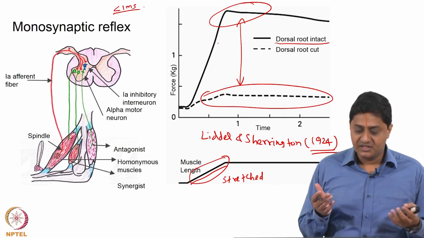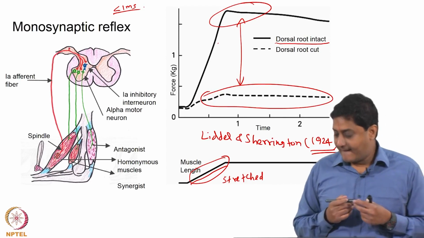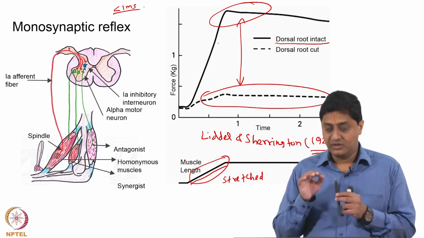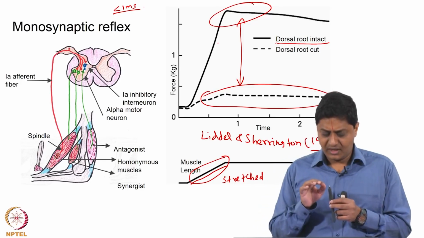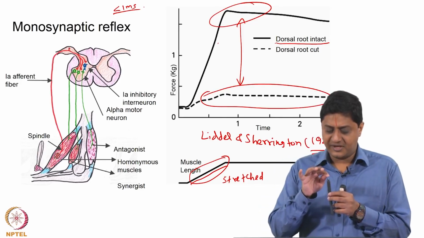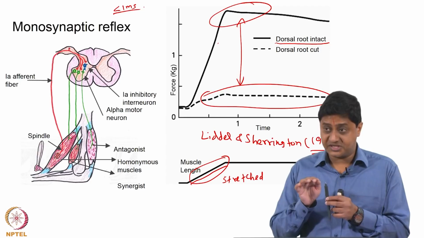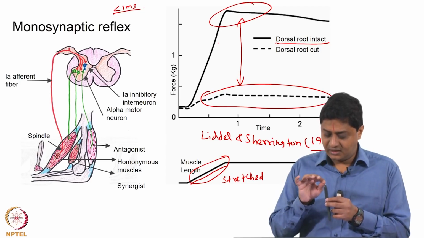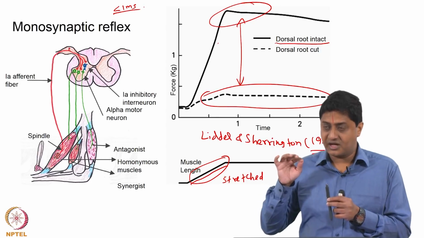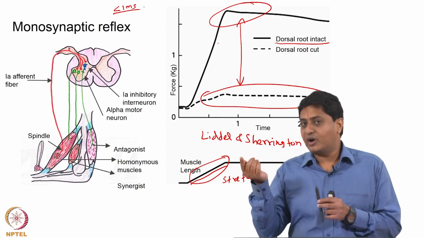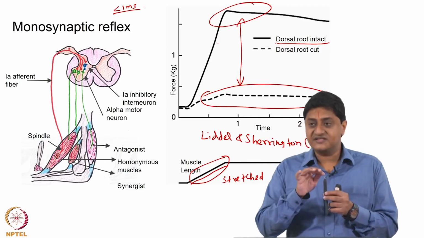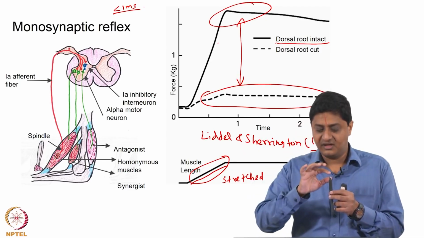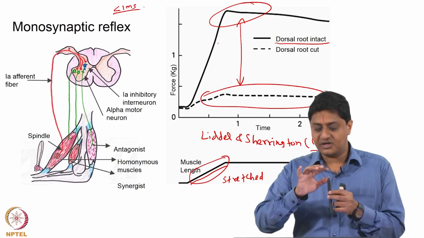For example, if there is a painful stimulus, let us assume this is a nail and I am placing my finger on it, or this is a hard object and I am placing my finger on it. If it is only slightly hard, I am going to place and withdraw. Note the point at which the sensory information is collected is the finger. It is not the finger alone that is withdrawing.